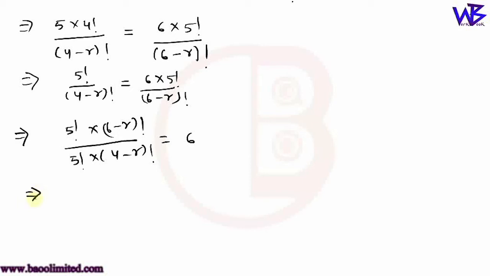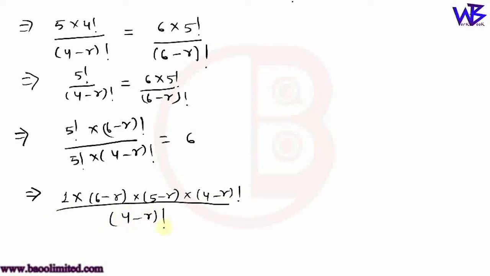So solving it further, 5 factorial by 5 factorial is 1. We'll expand this also. It will become (6 minus r) into (5 minus r) into (4 minus r) factorial, and the denominator is (4 minus r) factorial. RHS is 6.